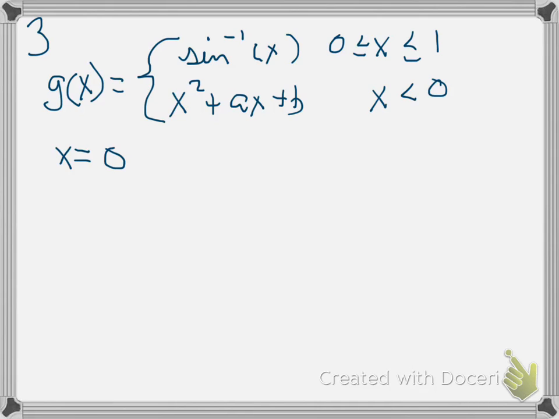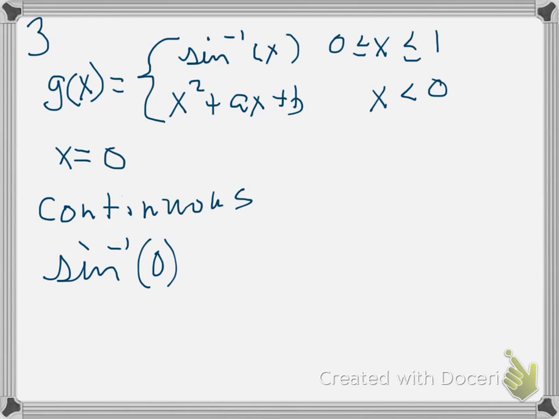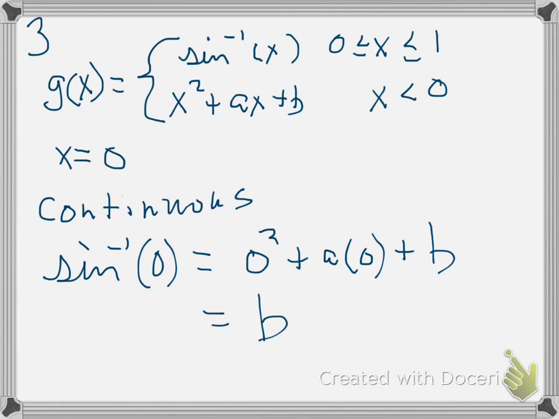Well, the first thing it needs to be, if it's differentiable, is it needs to be continuous. So what we need to do is find the inverse sine of 0, and that equals 0 squared plus a times 0 plus b. All I did was substitute 0 in for x. 0 squared is 0, a times 0 is 0.